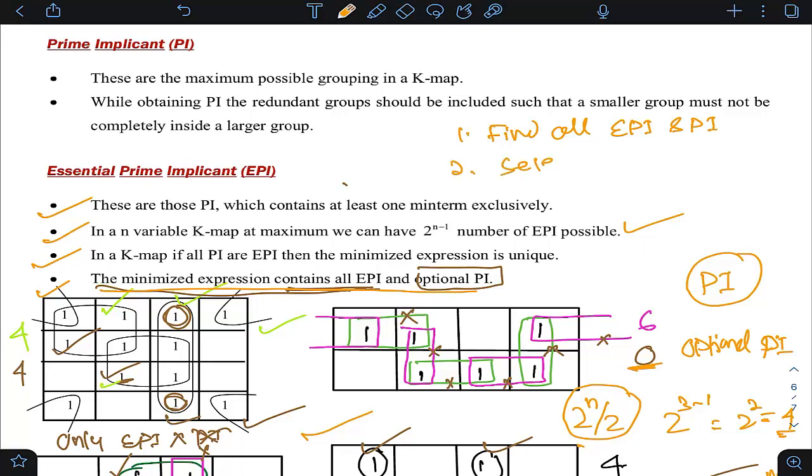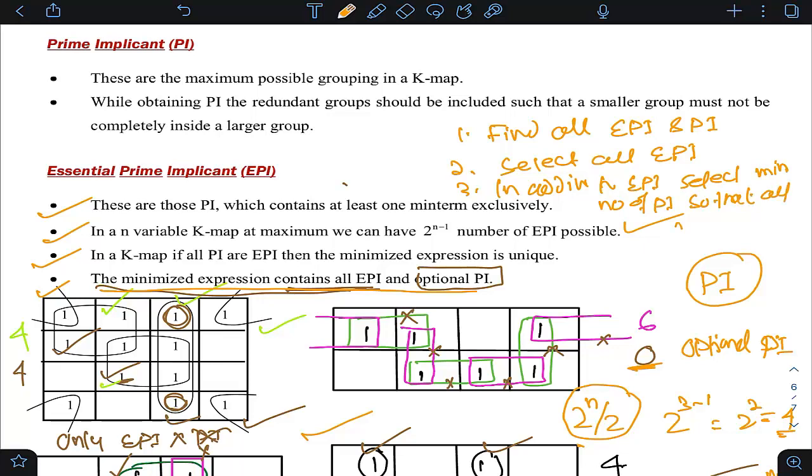Next, select all EPI. 3. In addition to EPI, select the minimum number of PI so that all min terms are grouped. So this is the algorithm for minimization of K-map using the concept of EPI and PI.